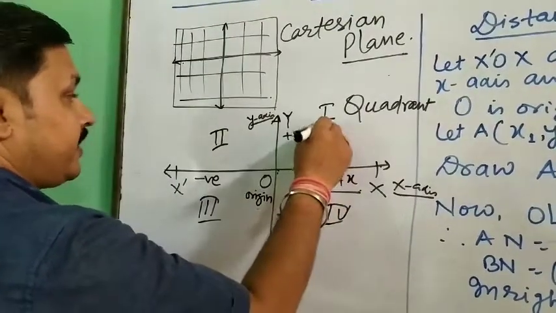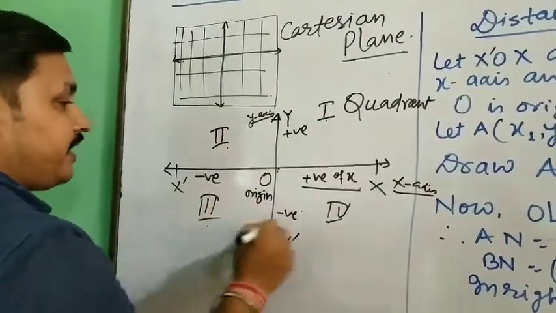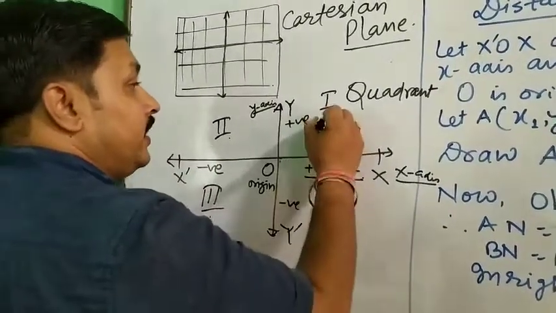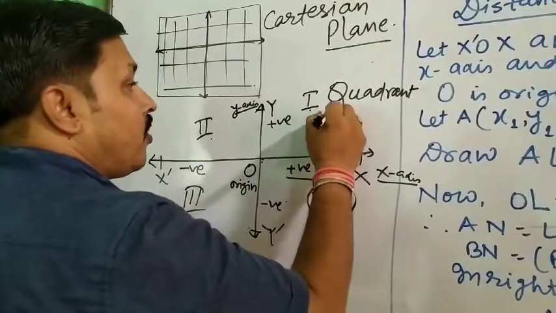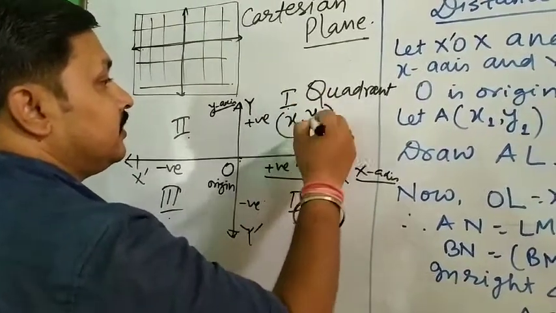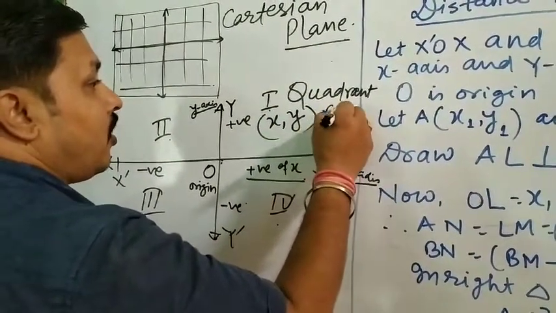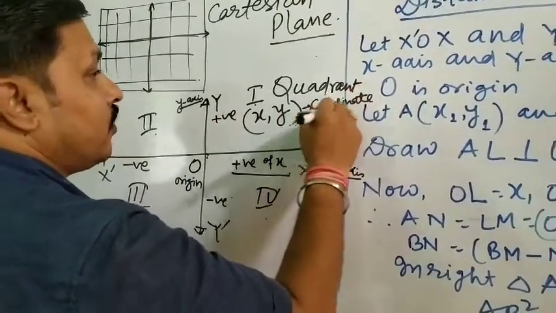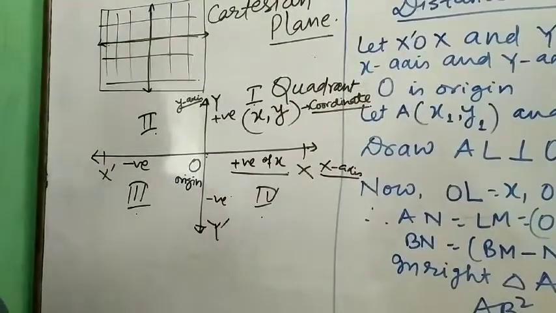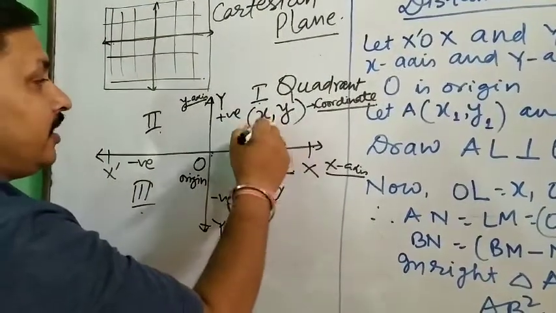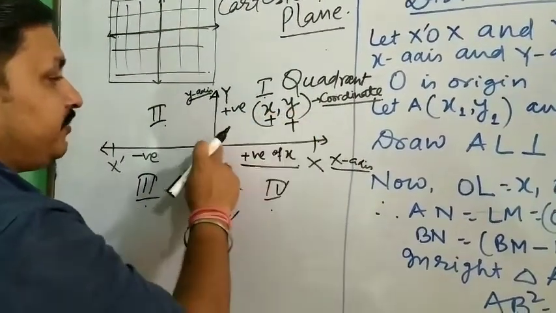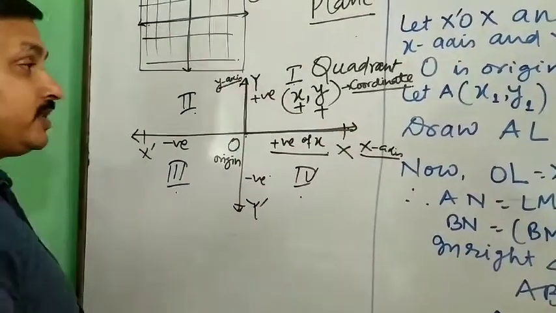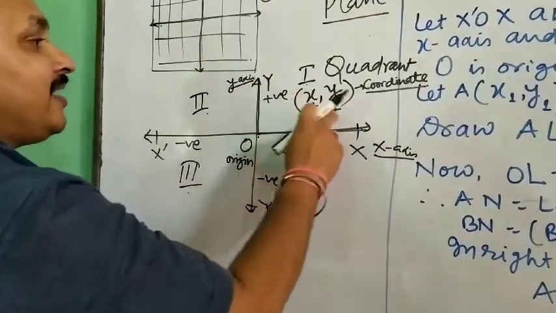This is the first quadrant, second quadrant, third quadrant and fourth quadrant. Here the coordinates of x and y must be positive because this line is positive and this line is also positive. So their coordinates are positive.